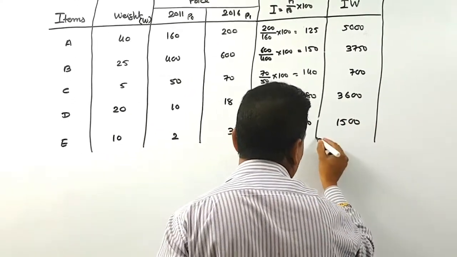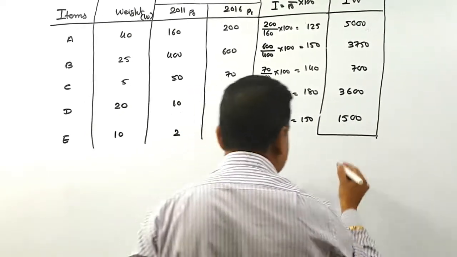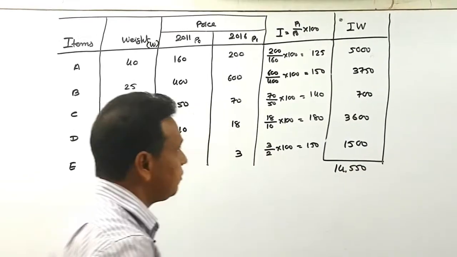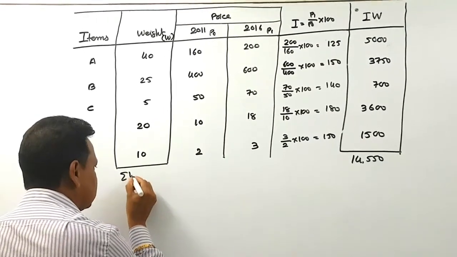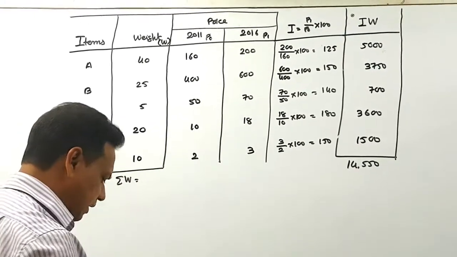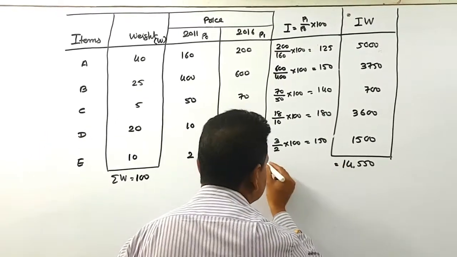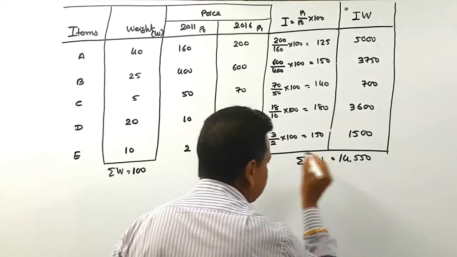Now please get the total of this column. The total of this column we have is 14,550. And also we need a total of W. Here you can also mention sum of W, that is, I think, 100. And the column total is also known as sum of IW.